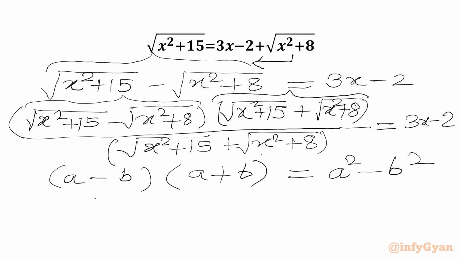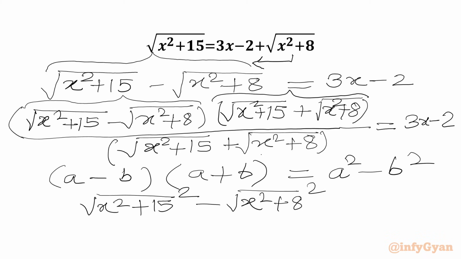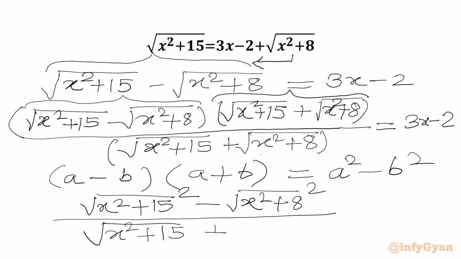So we'll write here square root of x square plus 15 whole square minus square root of x square plus 8 whole square, over square root of x square plus 15 plus square root of x square plus 8, will be equal to 3x minus 2.